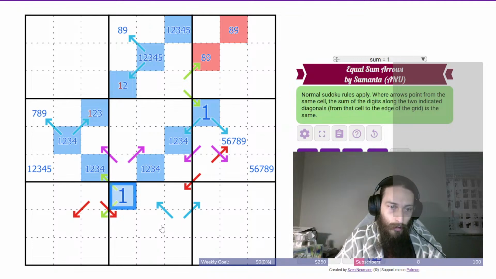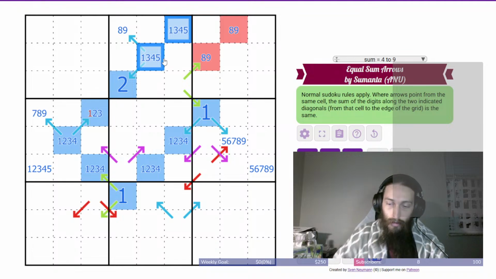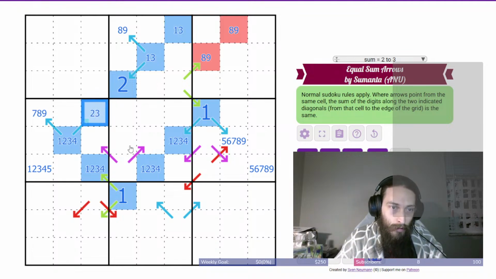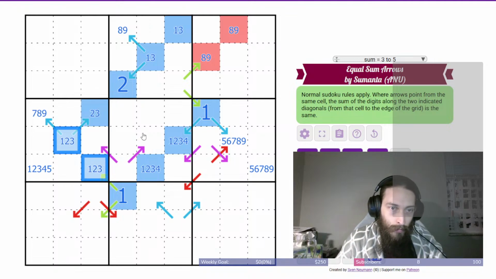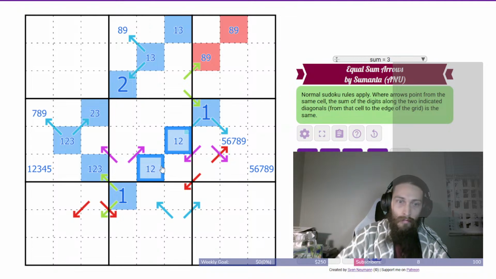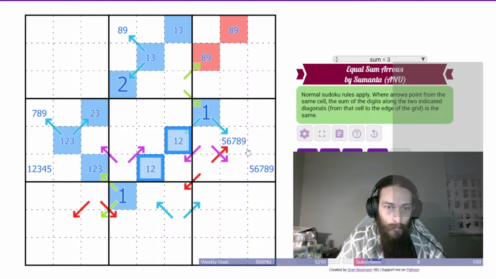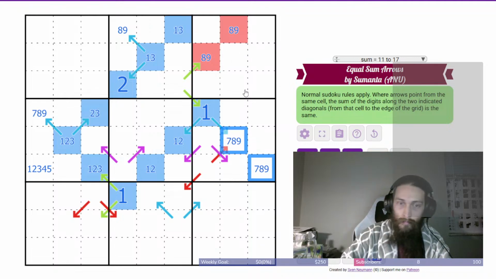And that places a 1 here, 1 there, a 2 there. That's not a 1. Well, and the green arrow in box 4, that has to be 7 and 9 because it sums to 8, 9.